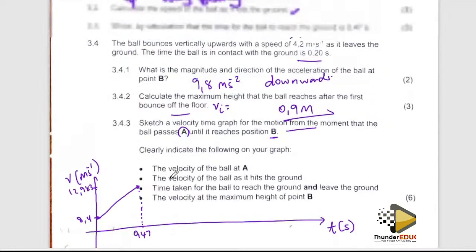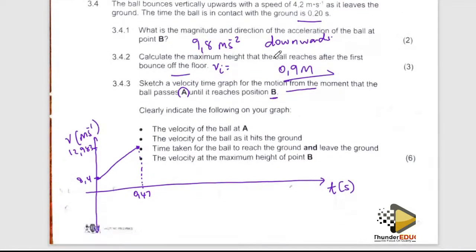But they told us that it takes 0.2 seconds for it to interact. So 0.47 plus 0.2, I'm getting 0.67. So from somewhere here, that is 0.67.